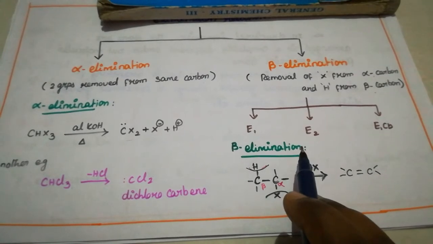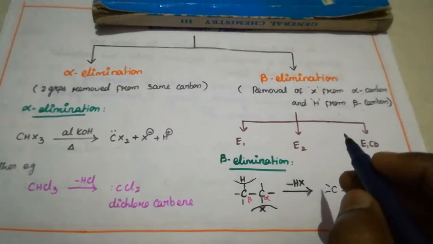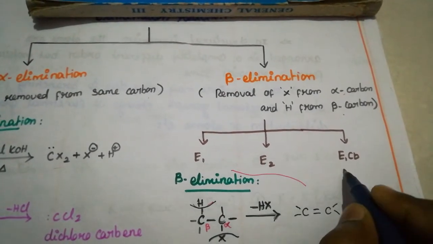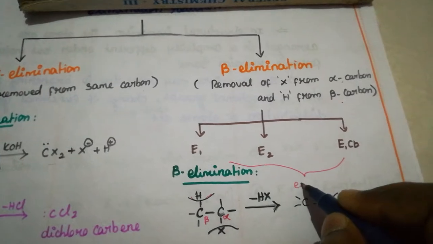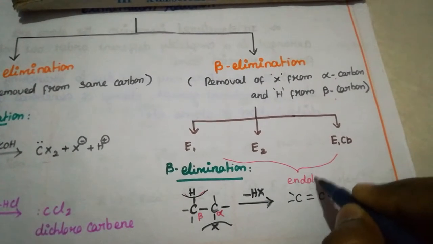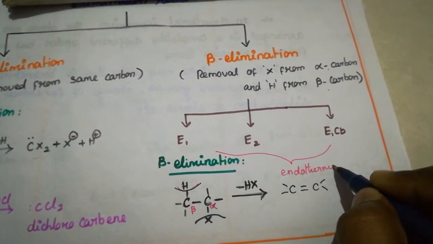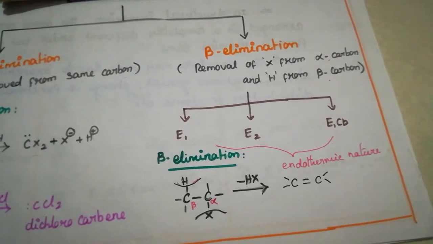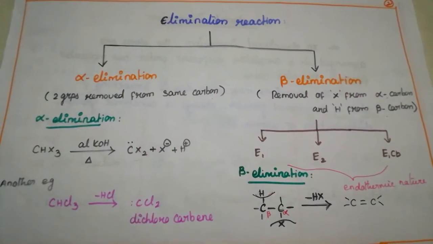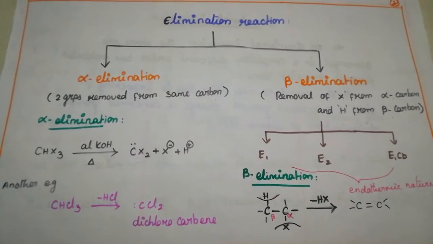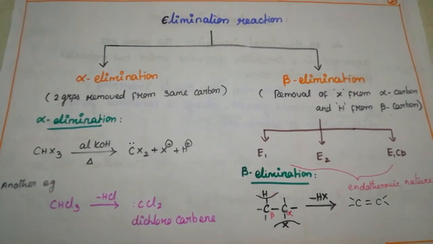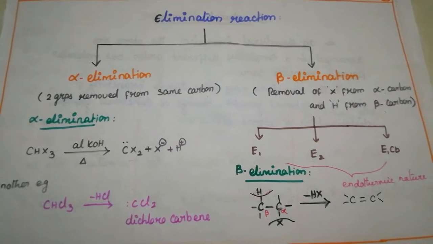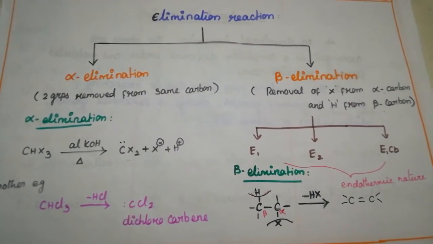It is a highly substituted alkene, and those are endothermic in nature. So finally we know the definitions of elimination reaction. Now I have to start the types of elimination reaction along with the mechanism.